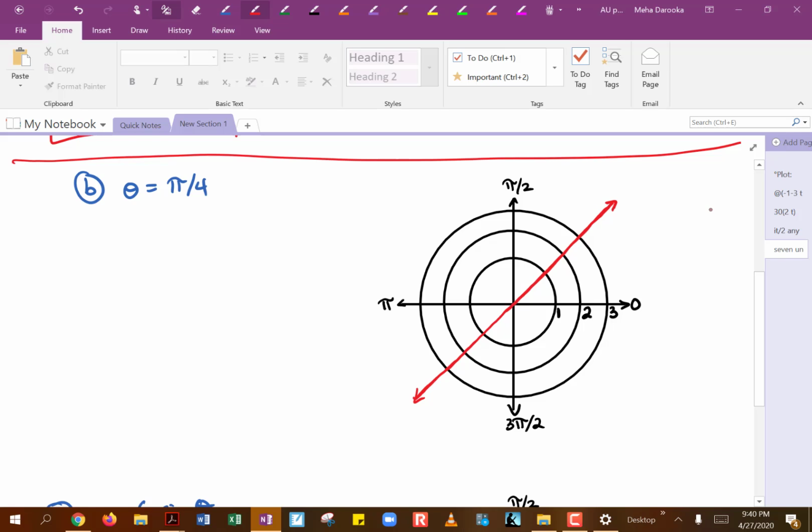Okay, so basically that means you are looking at all the points on the line which makes an angle of pi over 4 with your polar axis.